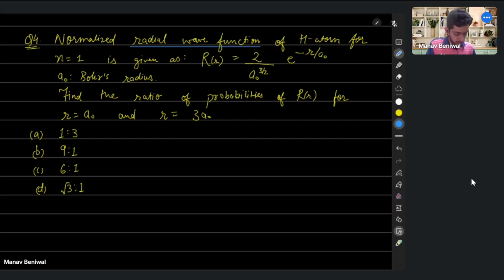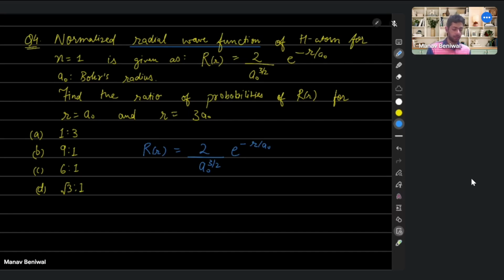Okay, so anyways we are given the radial wave function, and you can see that it is an exponentially decaying wave function.